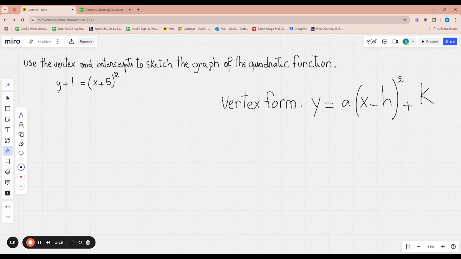Okay, so since you now know what the vertex form is, you're gonna understand what I mean by putting this equation in the vertex form.